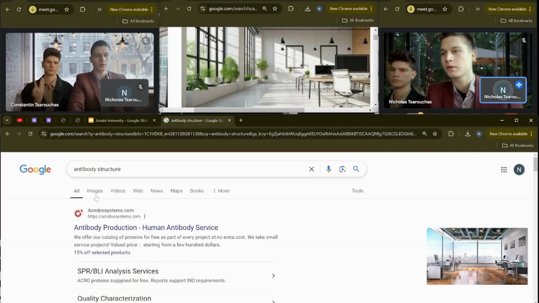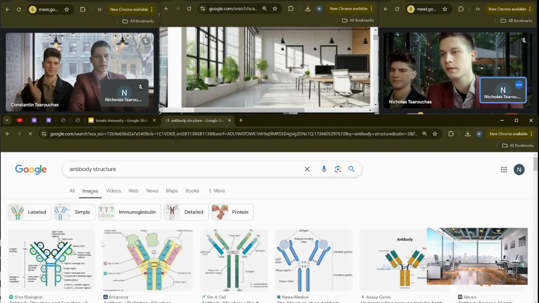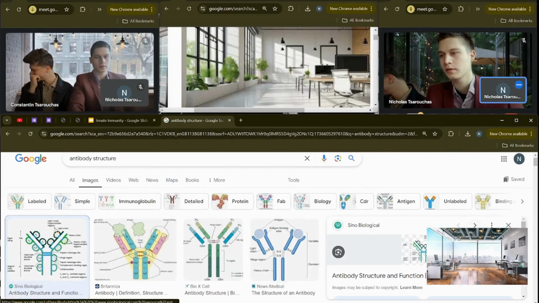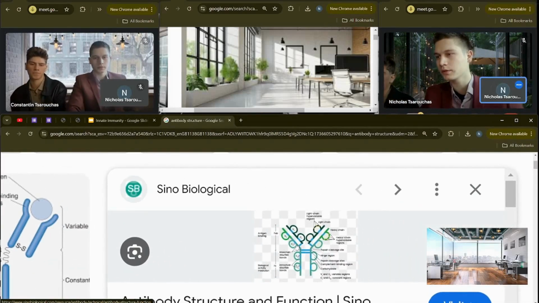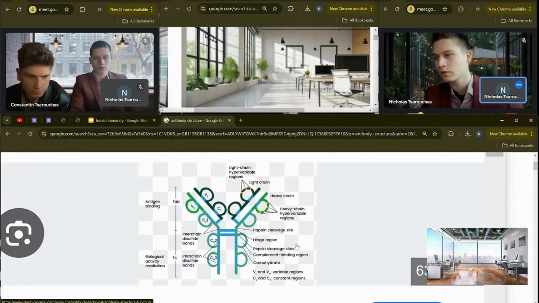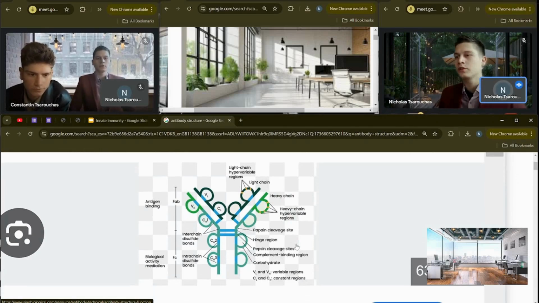Yeah. So you've got your globulin domains, and you've got either a constant region or a variable region, depending on whether it can change or has different configurations.